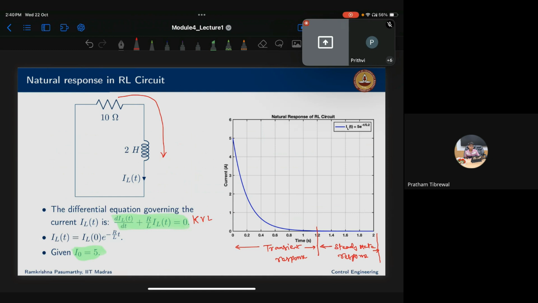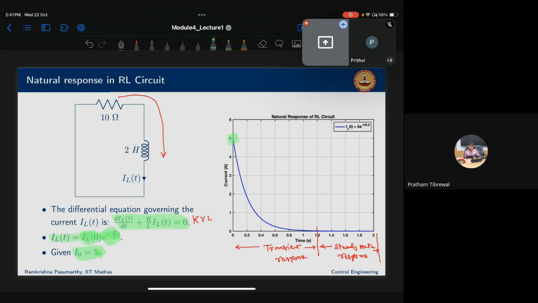If you solve this equation, we will get IL of t as IL of 0 e power minus R by L t, where the initial condition IL of 0 is 5 amperes. It means that your system will start at 5, and here we have this e power minus R by L t.